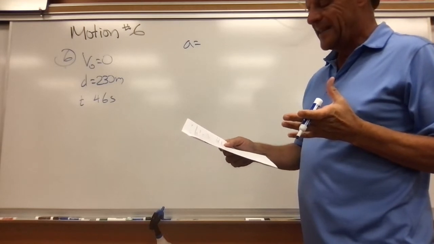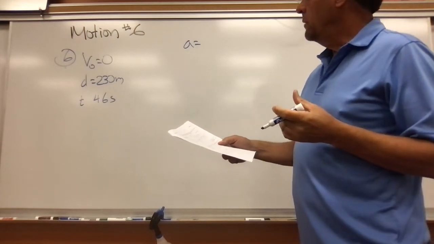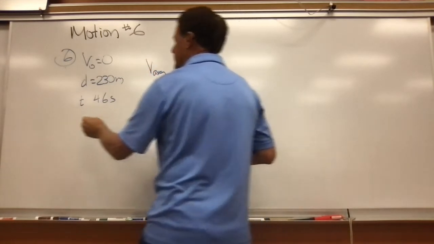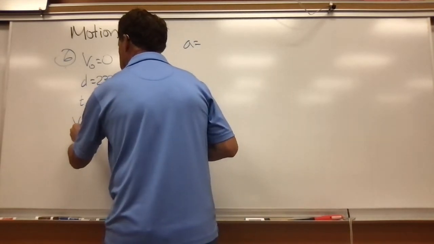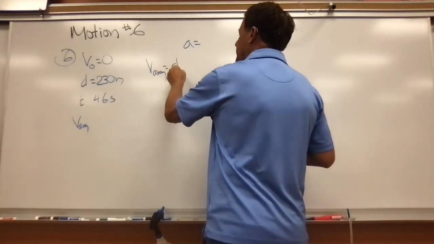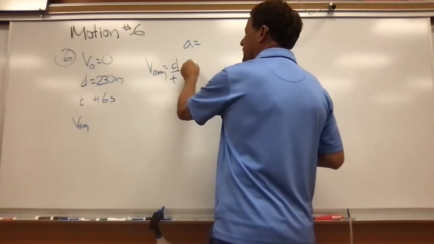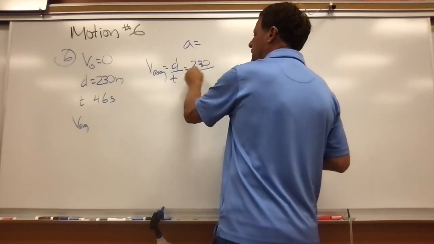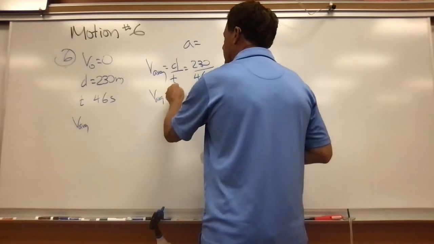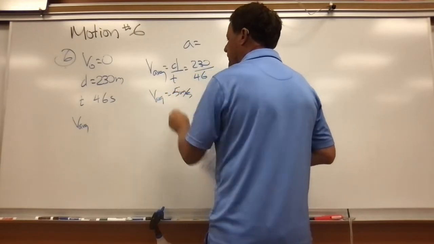So we're kind of headed there. So we know that the average velocity, and this is what our next thing is asking for, is equal to distance divided by time. So we're going to have 230 divided by 46, and we're going to get an average velocity of 5 meters per second.